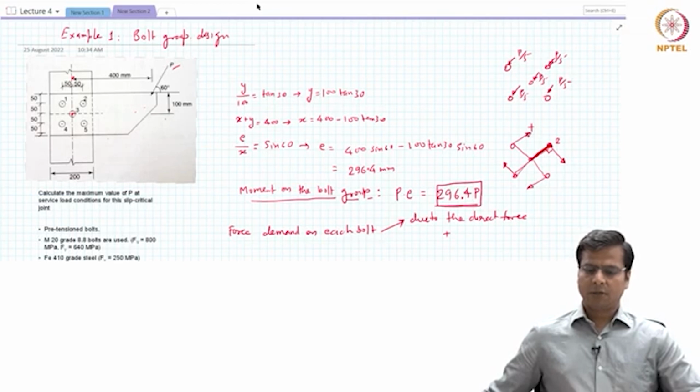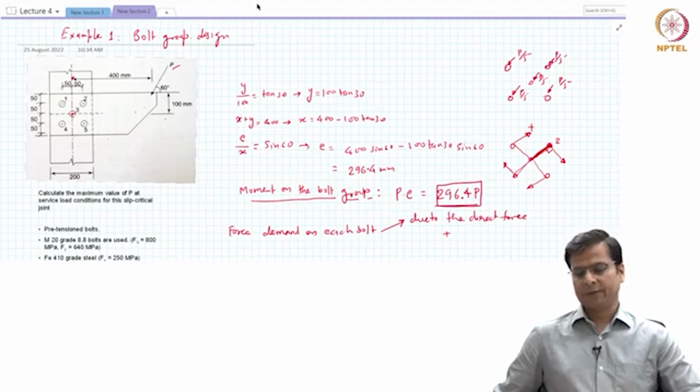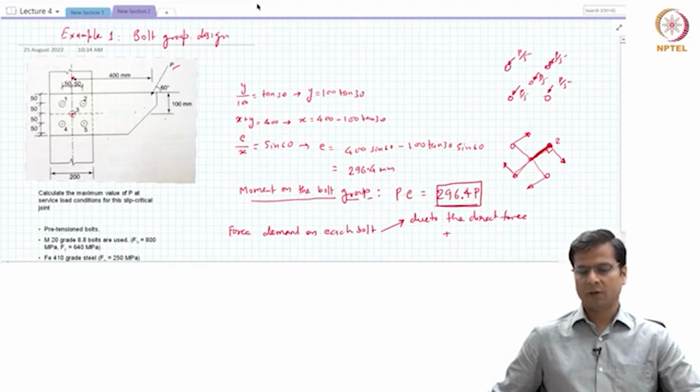So now, since all 4 bolts are equally distant, they have same stiffness, they are same cross sections. Therefore, they will be offering equal amount of resistance against the moment. So if the total moment was this much, 1/4 of that will be resisted by each bolt.